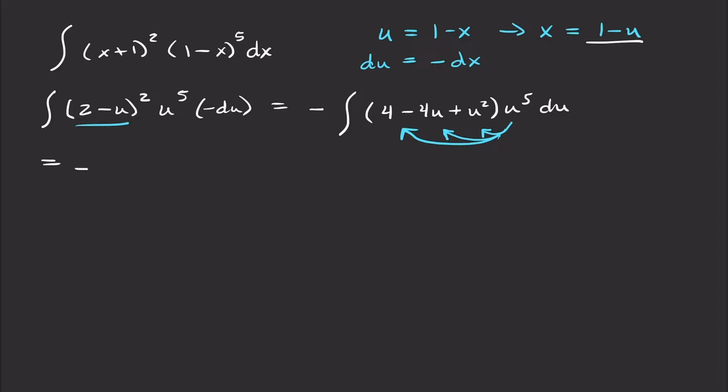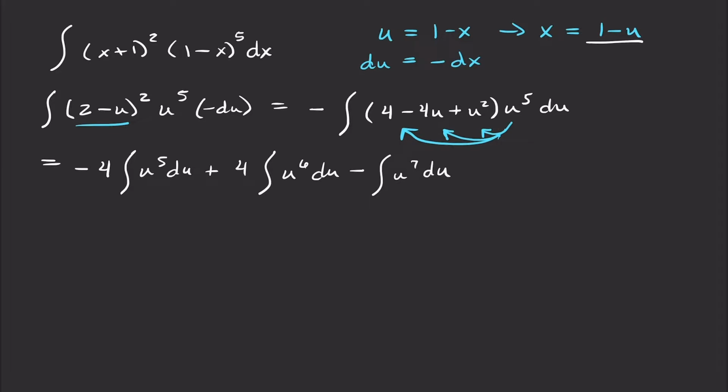So I'm going to get minus my 4 out front, the integral of u to the 5th du, plus another 4, so minus and minus will be plus 4 times the integral of u times u to the 5th, which is u to the 6th du, and then minus u squared times u to the 5th will be the integral of u to the 7th.